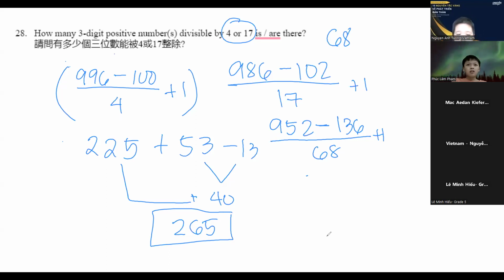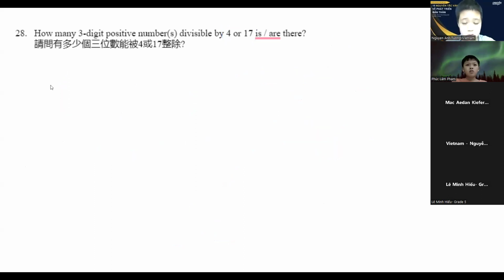What was the number 28? Yeah, it should be 265. Okay, I think we can move on now to number 29.